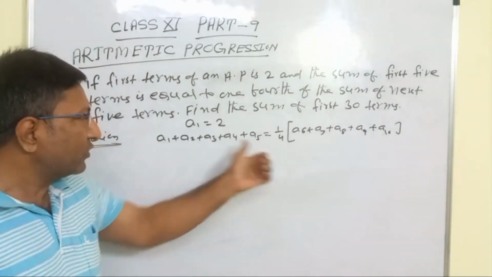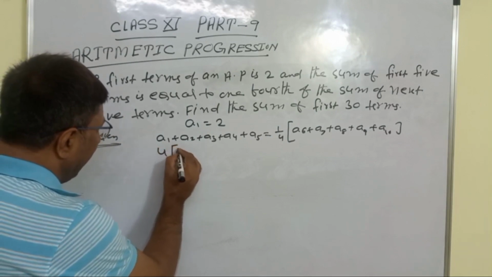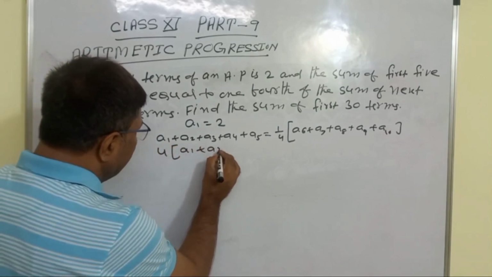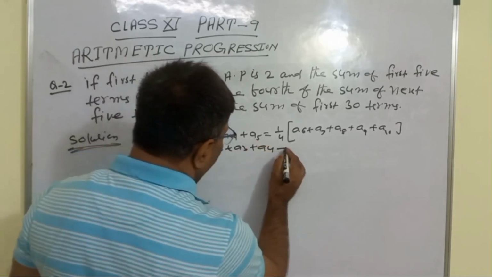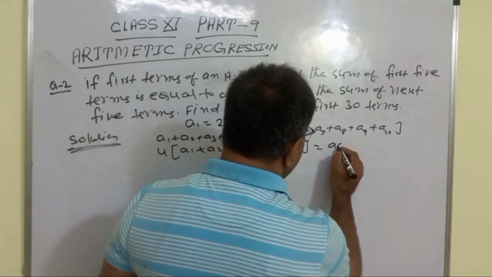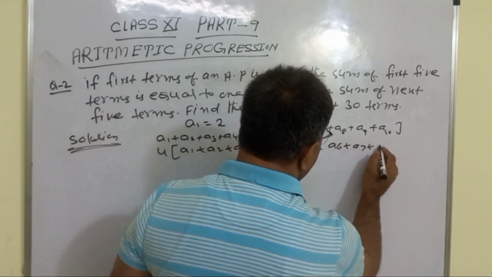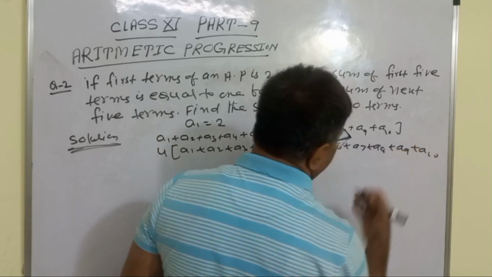So just cross multiply. We will get 4 multiply A1 plus A2 plus A3 plus A4 and plus A5, equal to A6, A7, A8, A9 and A10. Right?